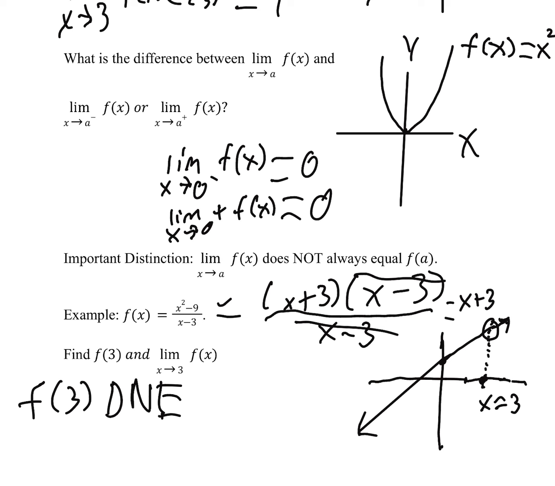But we got 0 over 0 here if we try direct substitution. So we need to try this simplified expression right here. So this equals 3 plus 3, because I'm looking at this new simplified expression, and then that equals 6.